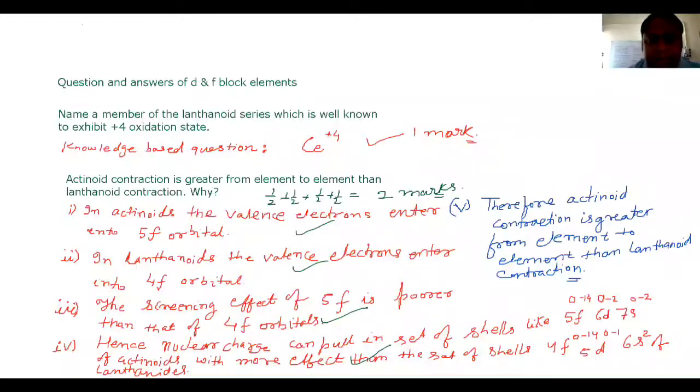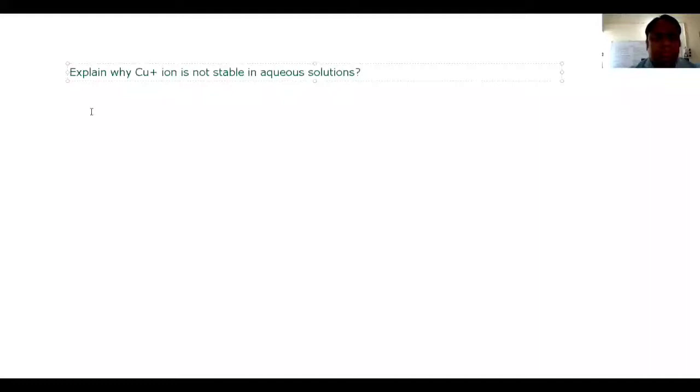Explain why Cu plus ion is not stable in aqueous solution. To find the answer, let us see the electronic configuration of Cu metal, Cu1 plus ion, and Cu2 plus ion. Whenever such a reasoning based question will be there, the answer will lie in the electronic configuration only.